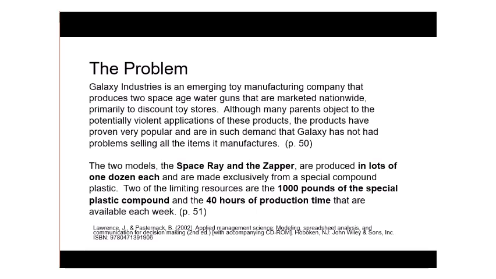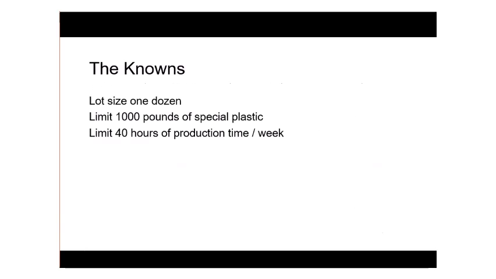Important to the number of toys we can manufacture is the amount of special plastic available and the 40 hours of production time. Now write down the knowns as you find them as you read through the problem the second time. So right now what we've got is lot size 1 dozen and 1,000 pounds of special plastic limit with 40 hours of production time each week.